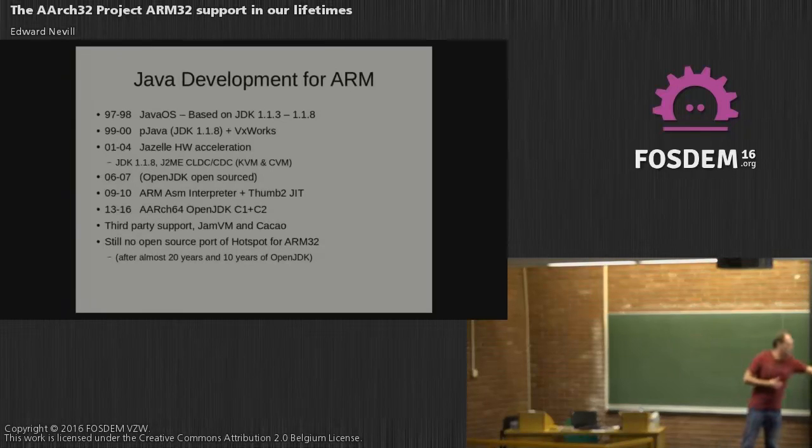In 13 to 16, the Arch64 port. And there's been numerous third-party support as well, JamVM, Kaffe, probably others. Despite all of this effort over almost 20 years, and 10 years since OpenJDK has been open source, we still have no open source port of HotSpot for Arm32. So that's what this project is going to address.